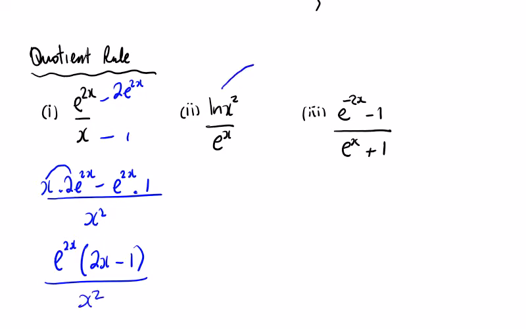Second one, natural log of x squared goes to 2x, this differentiated on top, and x squared on the bottom, which is equal to 2 over x, and the bottom goes to e to the power of x.